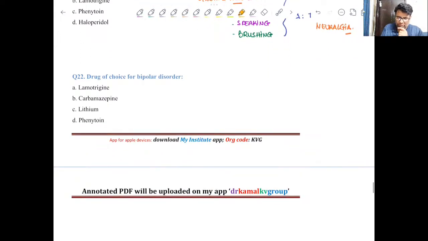Now drug of choice for bipolar disorder. Now when I say bipolar, so bipolar disorder actually includes depression and it includes mania.